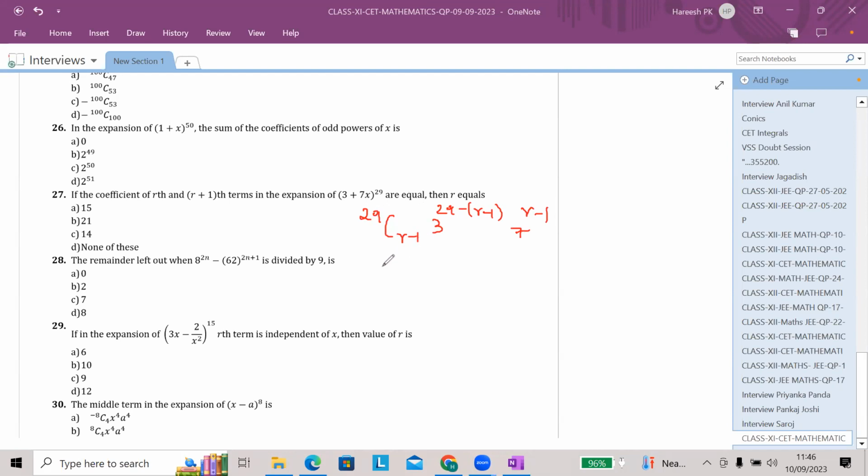And r plus 1th term is 29Cr, 3 to the power 29 minus r into 7 power r. Because they are saying both of them are equal, now let's try to figure out what r is. So I'll end up getting 29 factorial by 29 minus r plus 1 factorial into r minus 1 factorial.